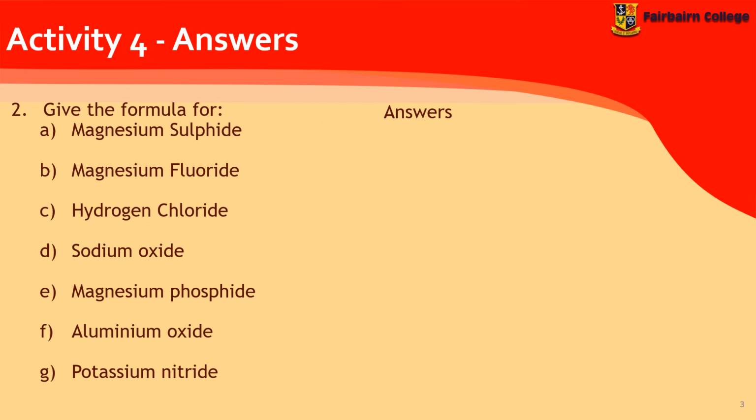Okay, and then for the second question, I gave you the full compound name, and you then had to look up the individual elements on the periodic table, find the valency for them, and then go through the process. You would notice that the second part of the name is a bit different than the element name, and you might have picked up that all of them end with IDE.